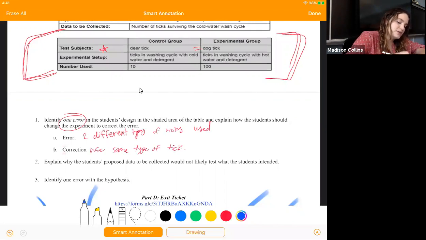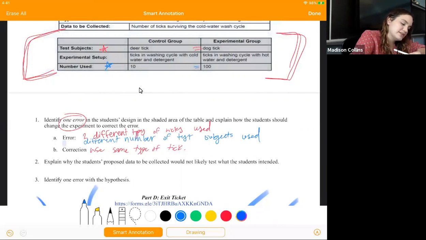Okay, now a second error is actually seen right here in the number of subjects used. In the control group, we have 10 subjects, and in the experimental group, we have 100. As I just said, those should look the exact same. So we also have a different number of test subjects used.